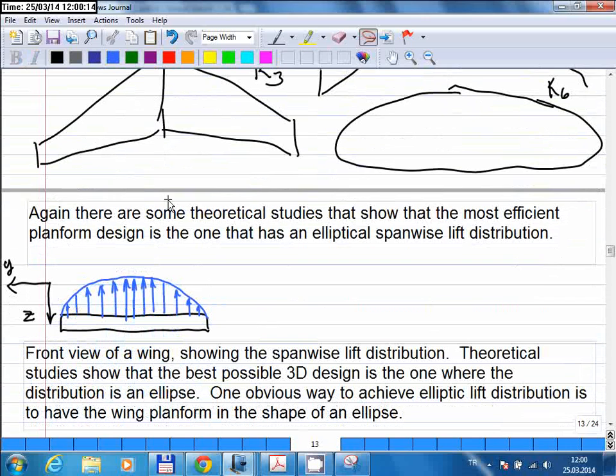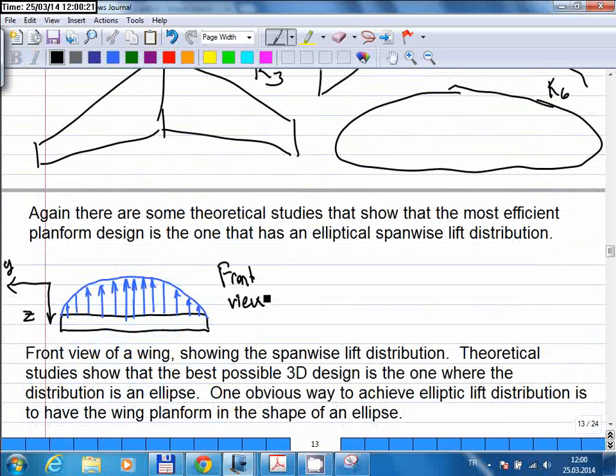So this is the front view of a wing. This is the lift distribution.